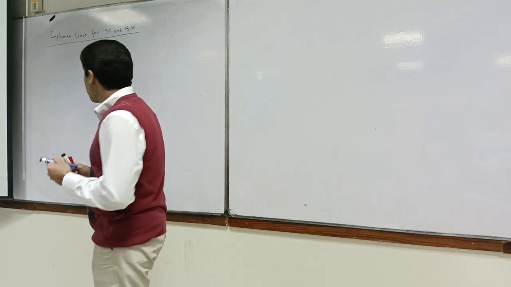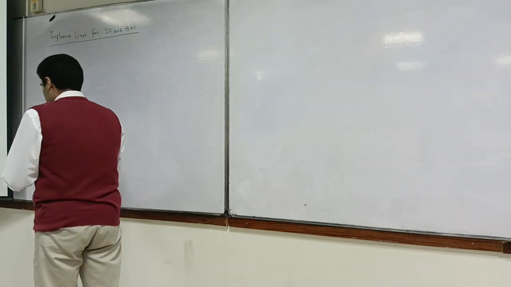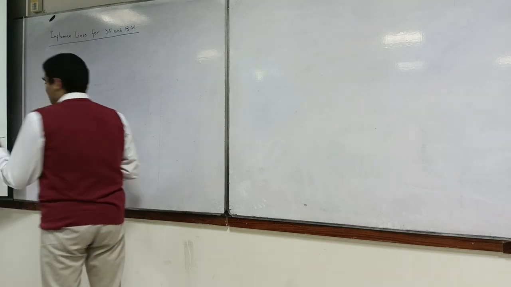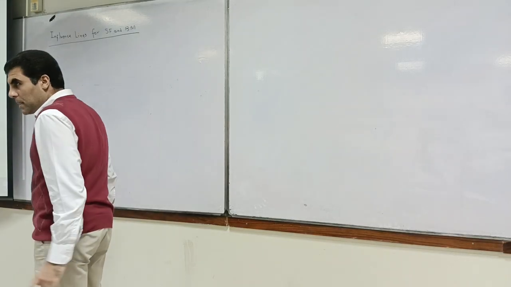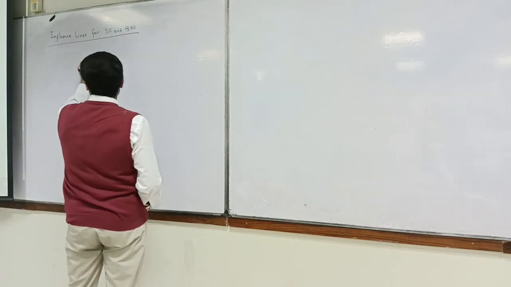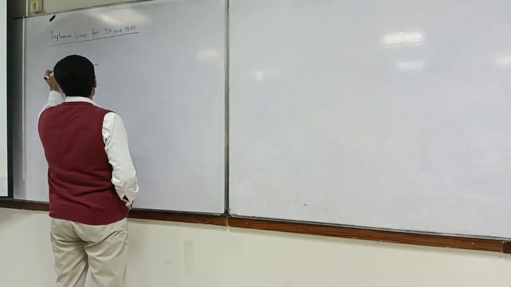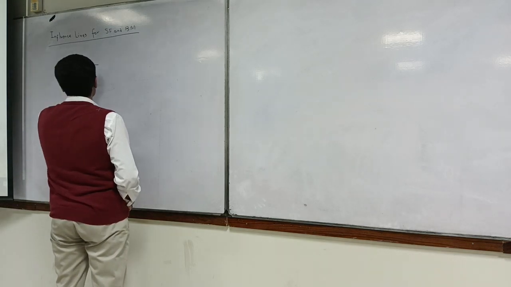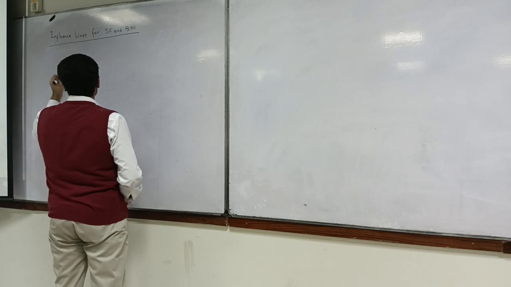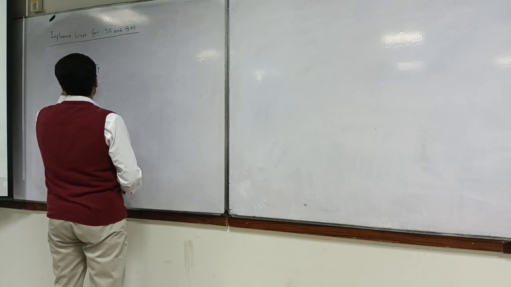Okay, so let us start with a simple problem and discuss the influence lines accordingly. The simplest problem we can have is a simply supported beam, where we have a section 1-1.